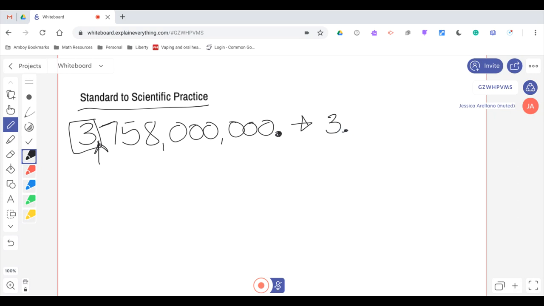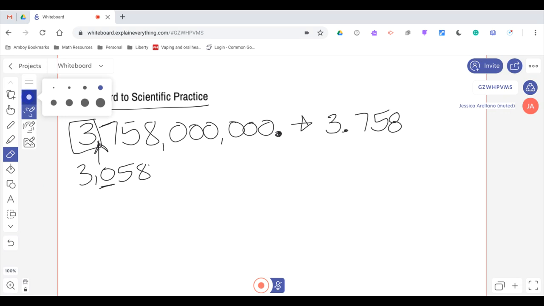Then I'm going to put any significant numbers, basically any numbers that aren't zero, after it. Now, if there was a zero in between, like let's say it was 3058, that would be a zero I include, because it's going to lead me to some other significant numbers.